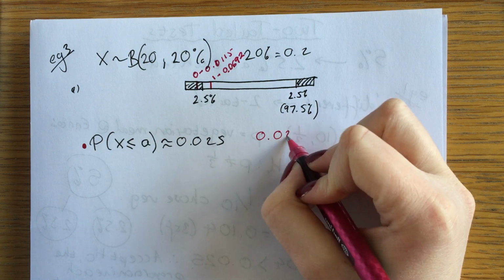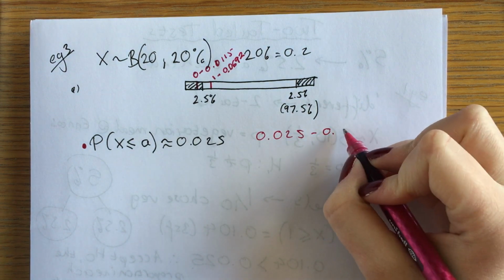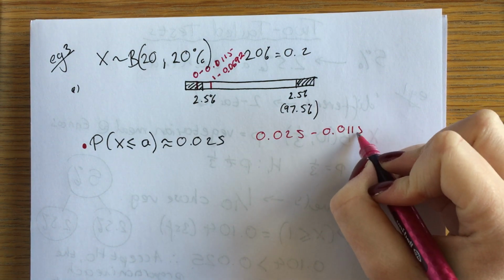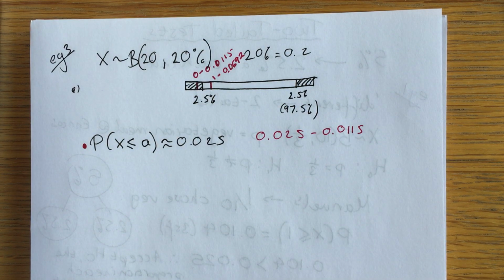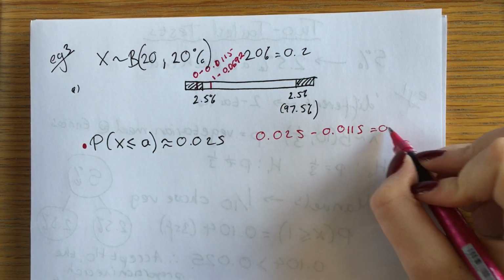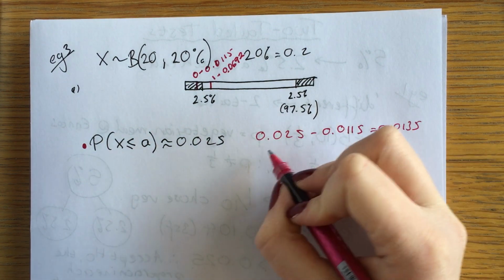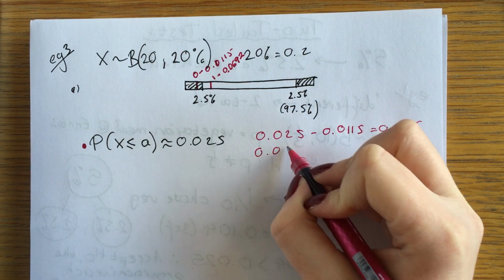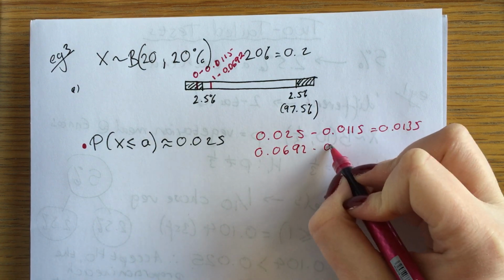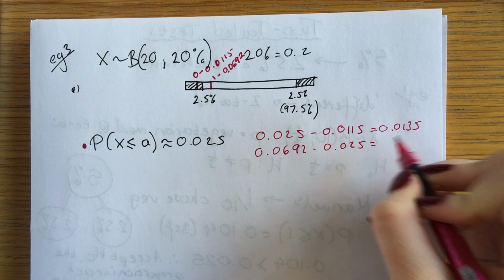So 0.025 subtract 0.0115 is 0.0135. 0.0692 minus 0.025 is 0.0442.